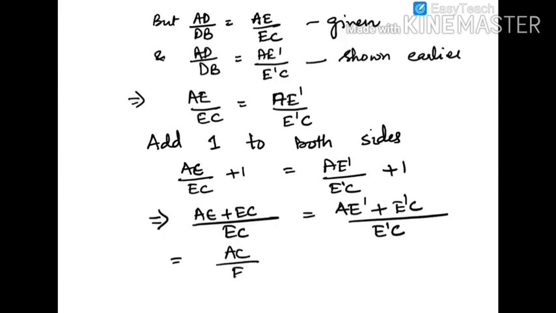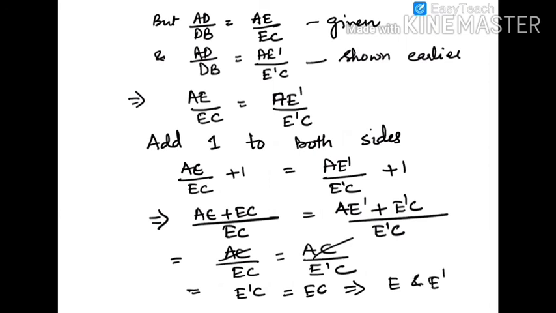So AC upon EC is equal to AC upon E dash C. Cancelling the equal terms, we get E dash C equal to EC. This implies that E and point E dash coincide, as E dash C and EC are equal line segments. So we can say that DE is parallel to BC. Hence, the theorem is proved.